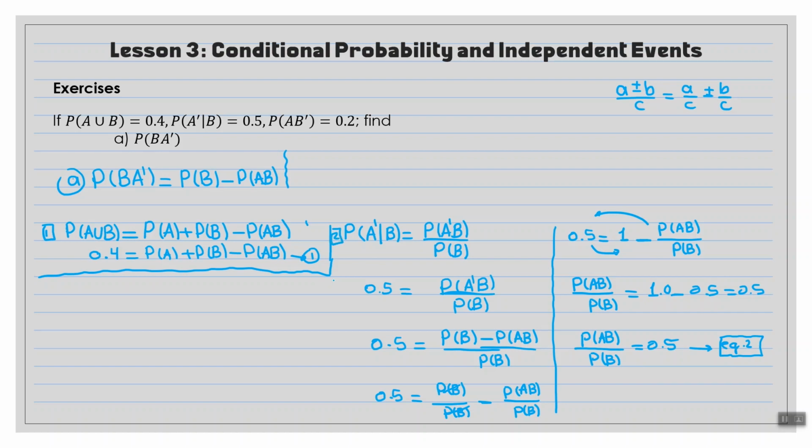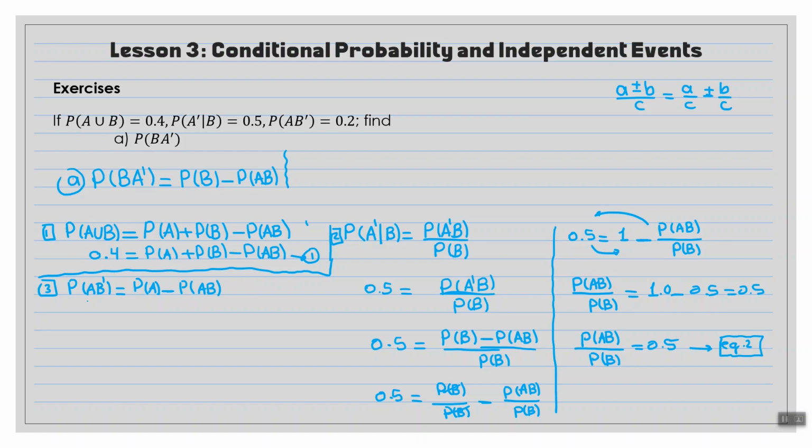And the third equation, I'll do it just right here. So we have the probability of AB dash. And we know that this is going to be equal to the probability of A, the one without the dash, minus the probability of both of them without dashes, so AB.